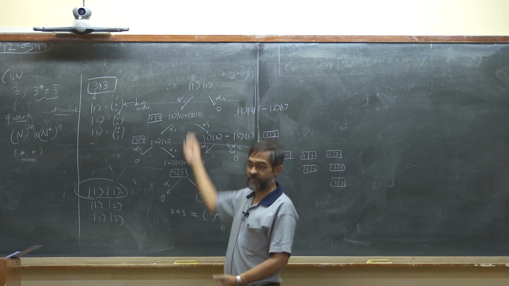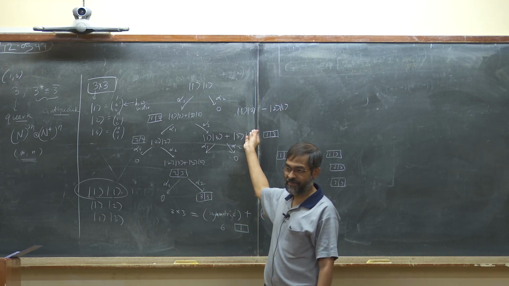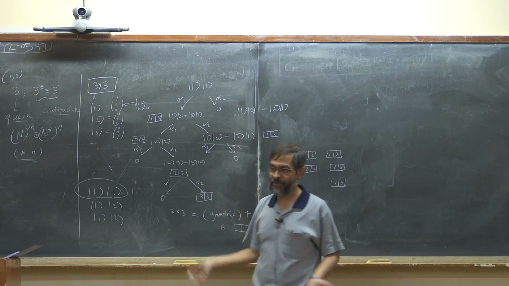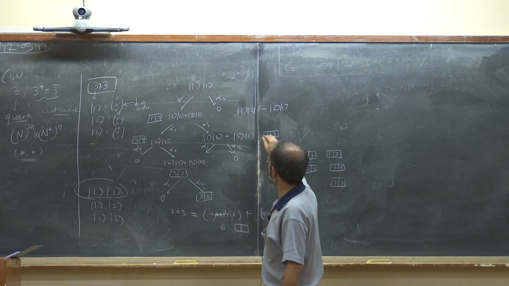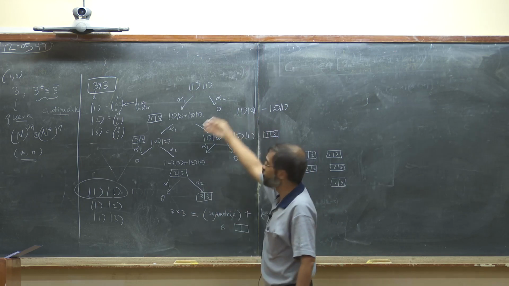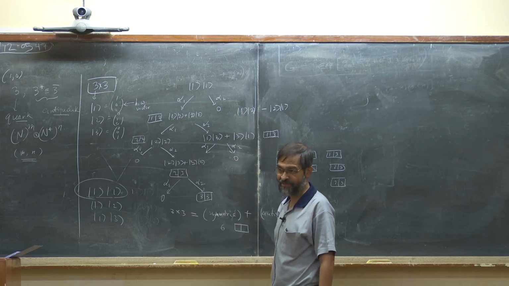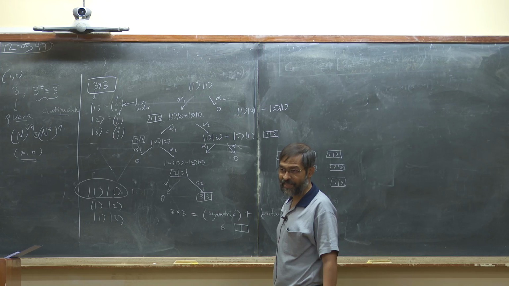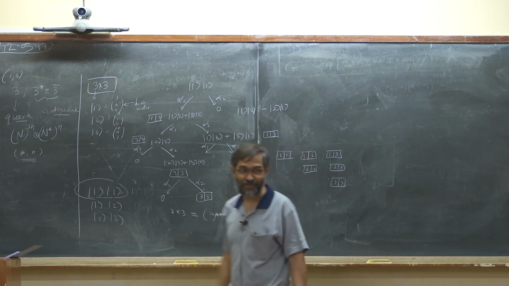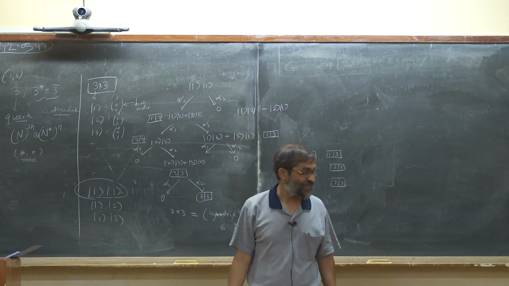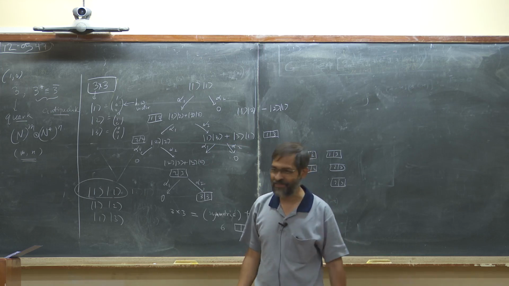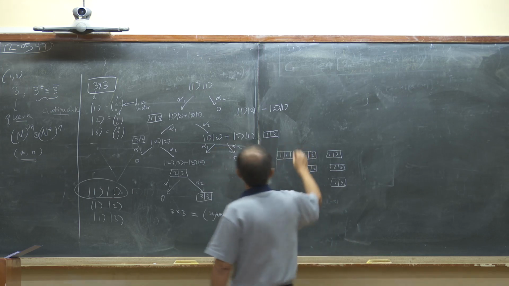It didn't appear here, but it was there. In the full 9-dimensional vector space it was there. So now if I start from this and do the same analysis, what will you get? Sorry, that of course was the antisymmetric thing.